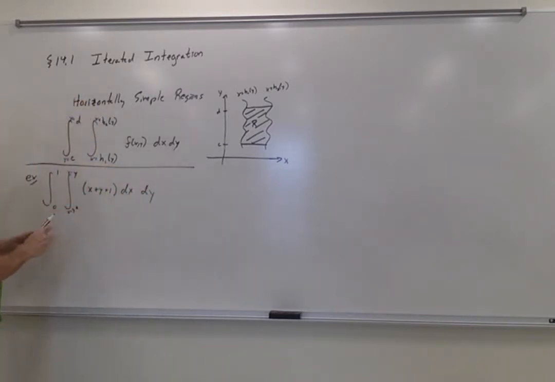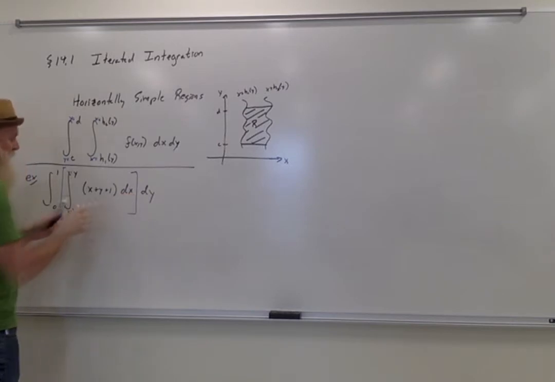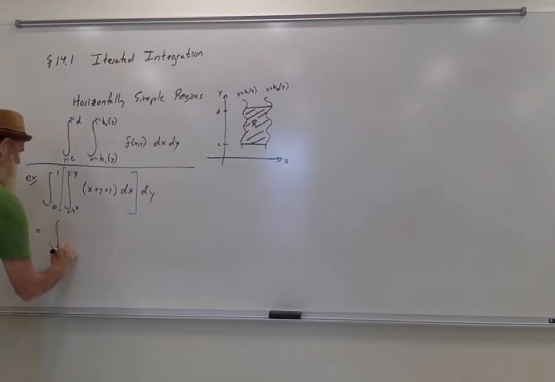So first of all, we're going to carry out the integral on the inside. Integrating with respect to x, treating all the y's as constants. So we're integrating from 0 to 1.